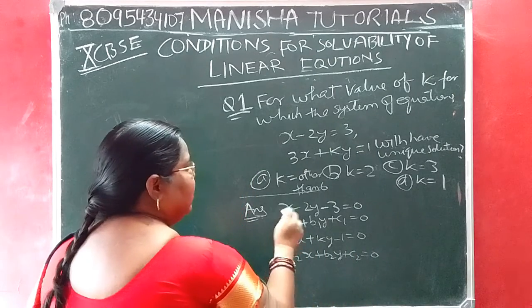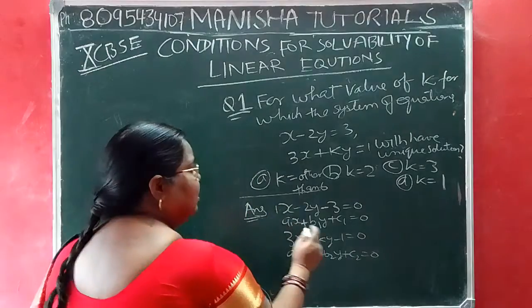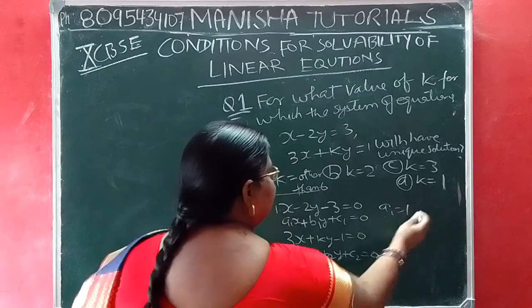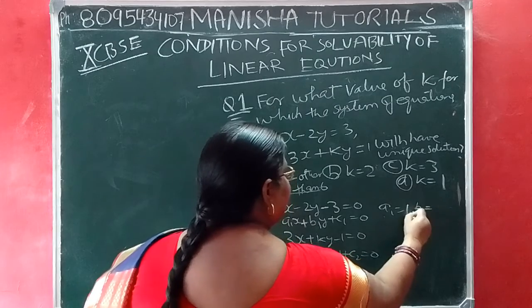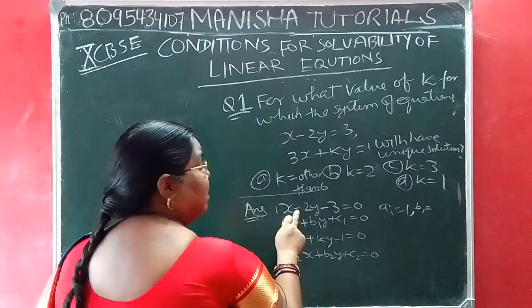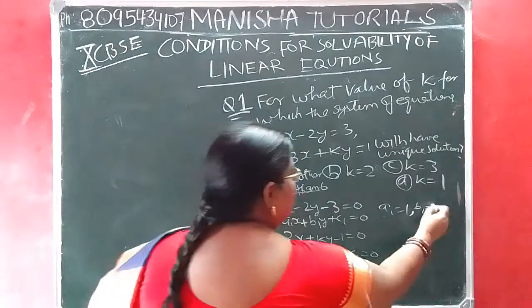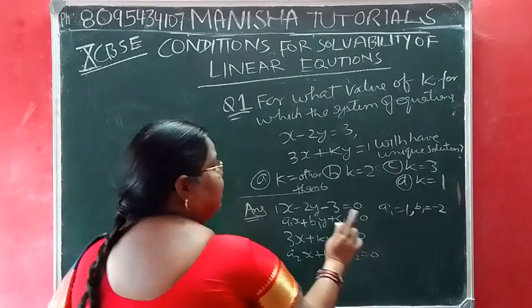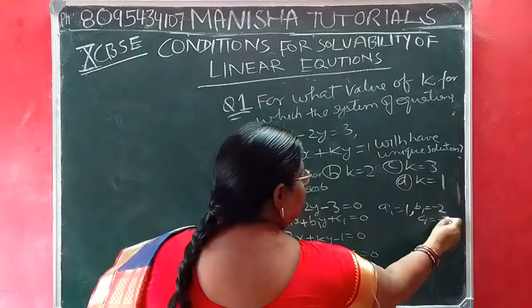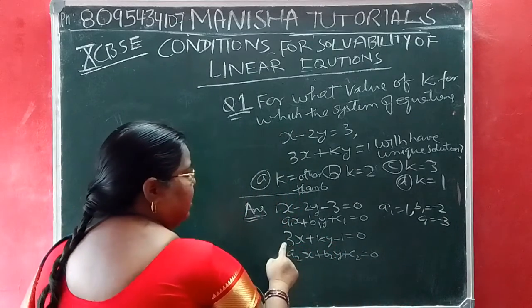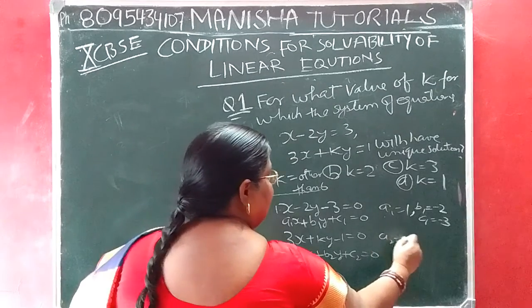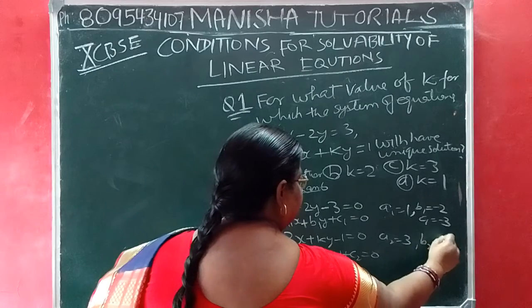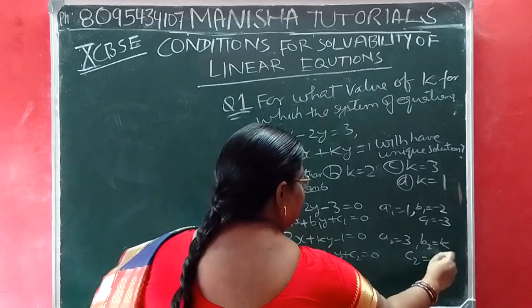After comparing, a1 is equal to 1, b1 is equal to minus 2. Don't forget to take the minus sign. c1 is equal to minus 3. Here a2 is equal to 3, b2 is equal to k, and c2 is equal to minus 1.